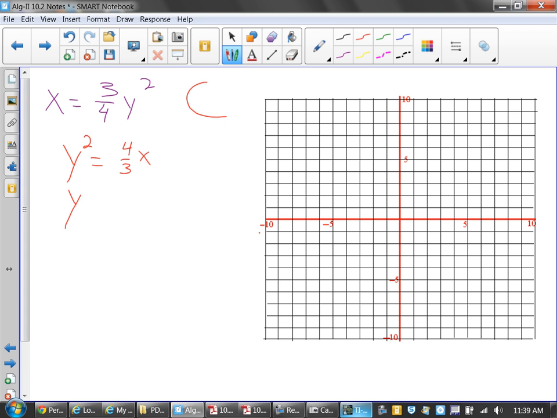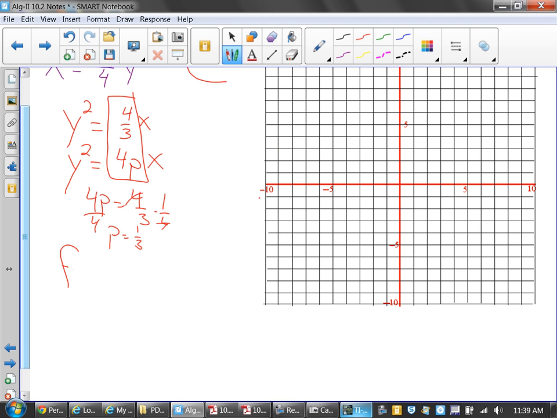Now, again, I go to my y squared equals 4p times x, which means I set these two equal to each other. So p is 1/3. Okay. So the value of p gives me 1/3.